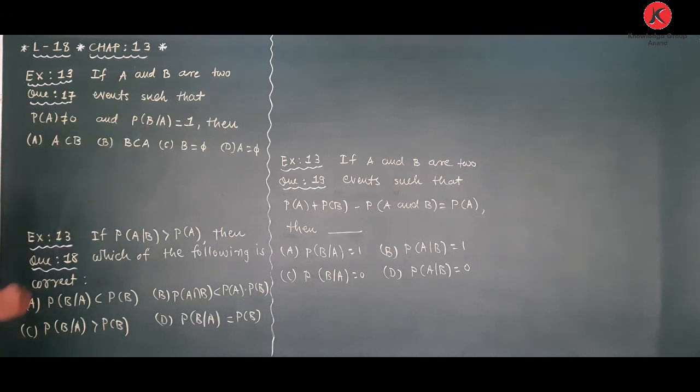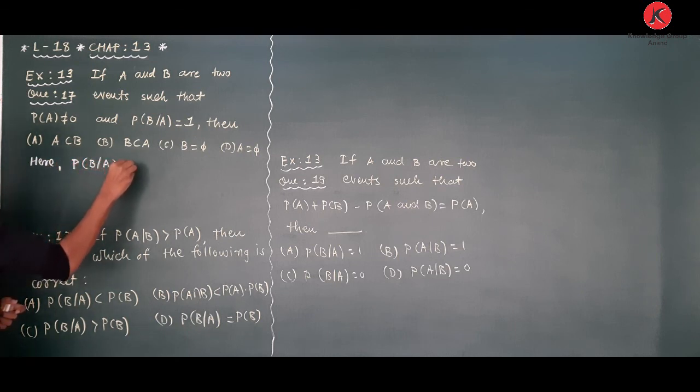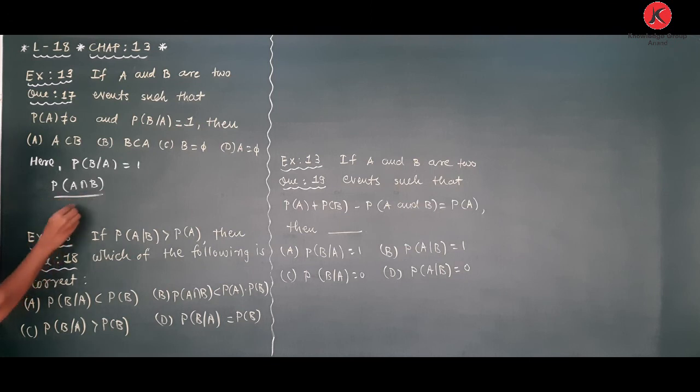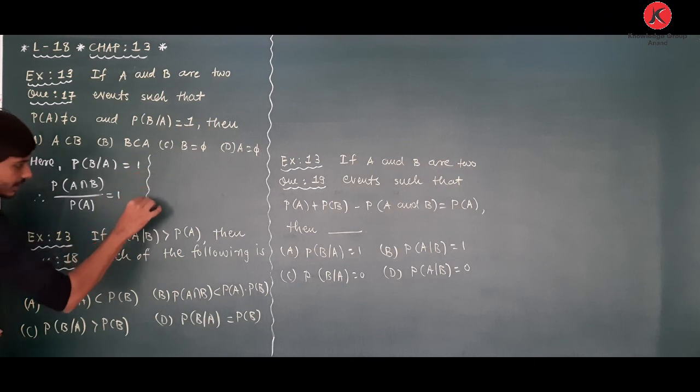So here it is given that probability of B given A equals 1. We have the formula. What is the formula? Probability of B given A means probability of A intersection B divided by probability of A, which is equal to 1 here. Now take P of A to the right hand side.